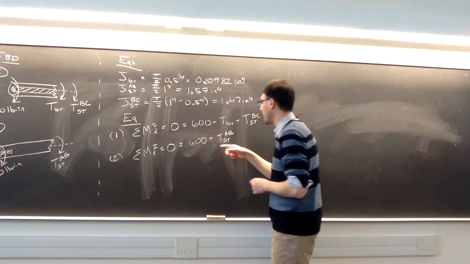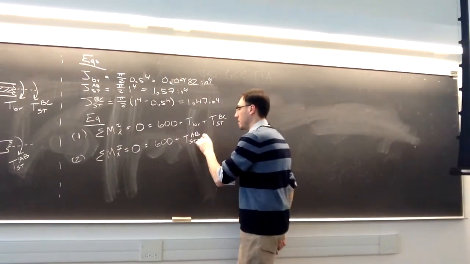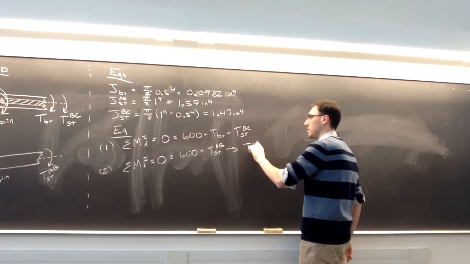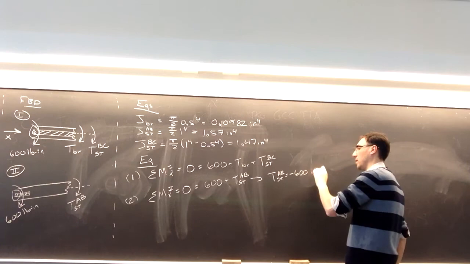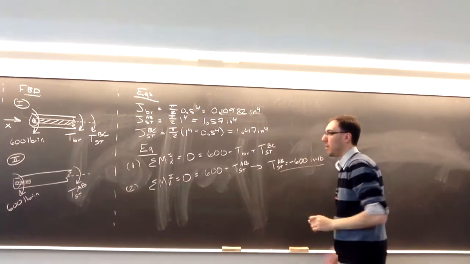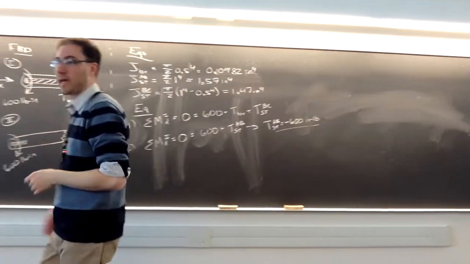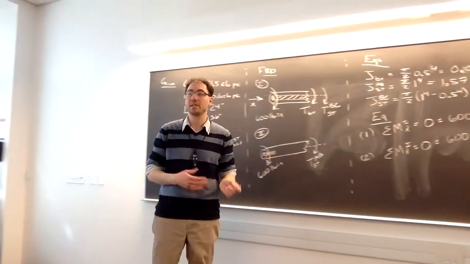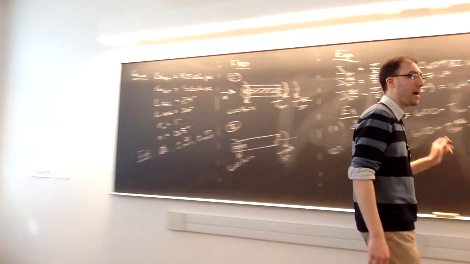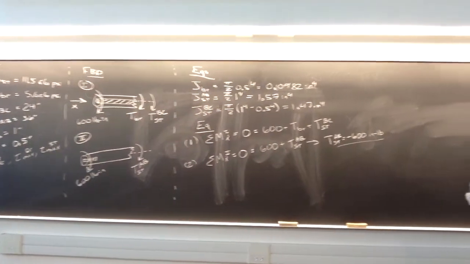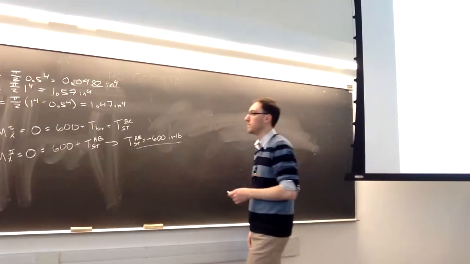So the second one, I can find the internal torsion in the steel. But the first equation, I will only be able to get a relationship between the torsion in the brass and the torsion in the steel in section BC. So one of them I was able to find. I'll have to use the other one in a substitution later on.